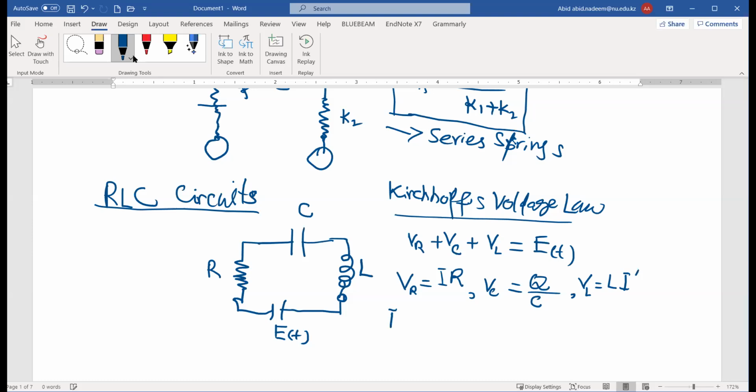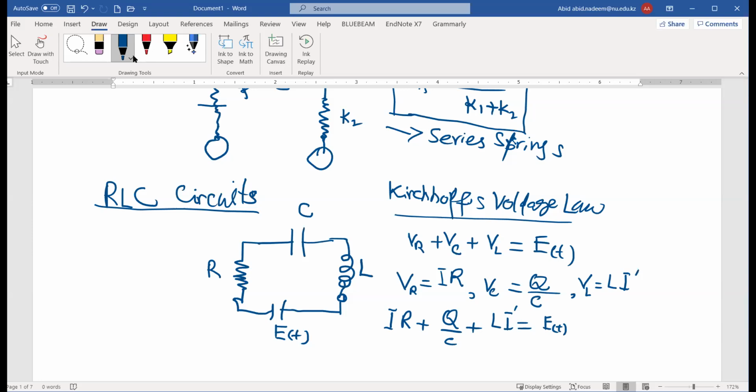VR is equal to I times R, plus VC is equal to Q over C, plus VL is equal to L times I prime, and this equals E(t).